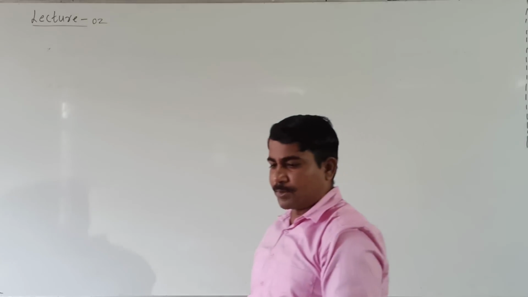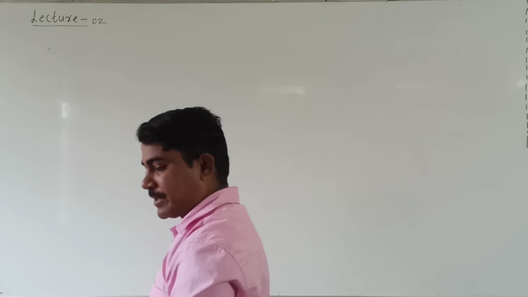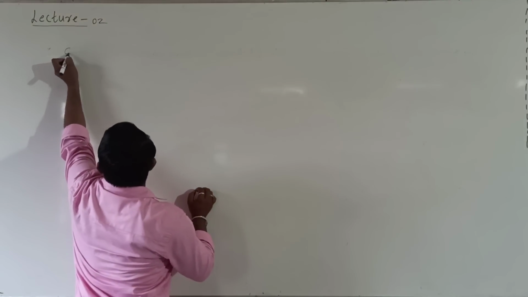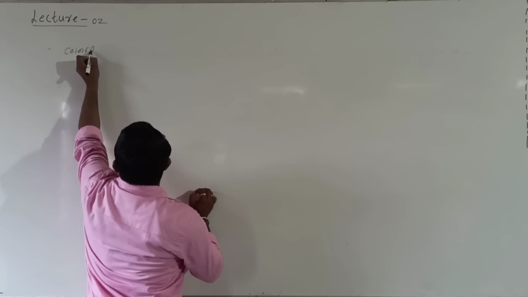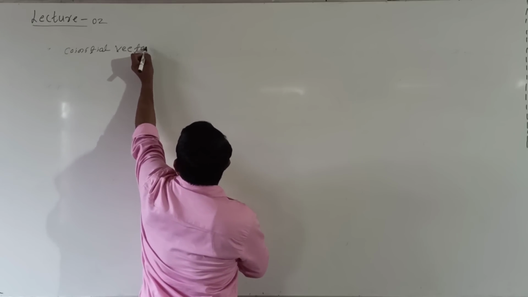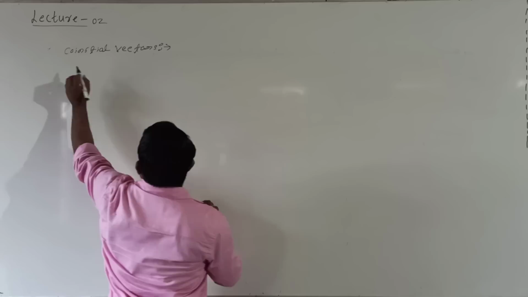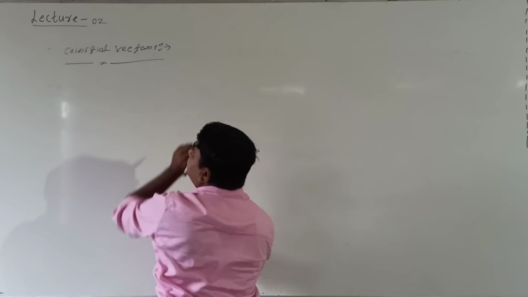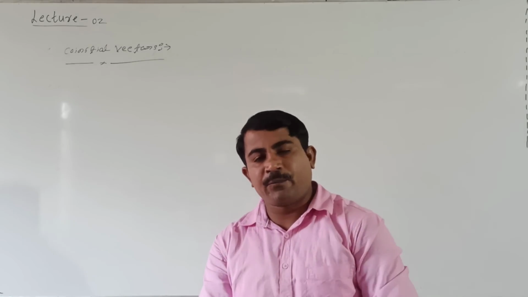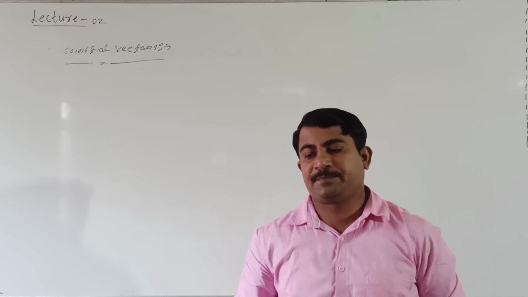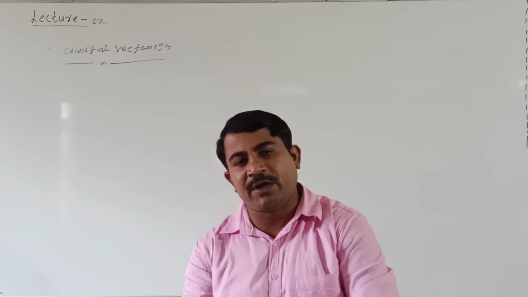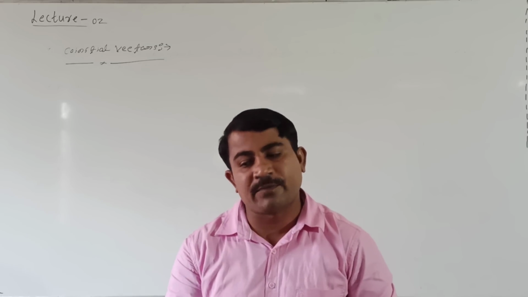See here. After co-linear vectors, co-initial vectors. Here, what about the co-initial vector, students? The number of vectors initiating from the same point. Such vectors we are calling co-initial vectors.